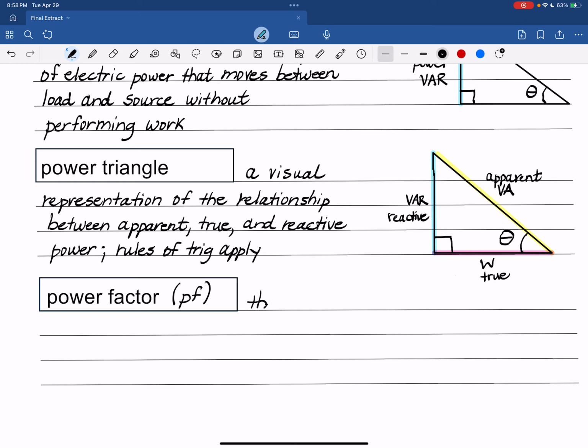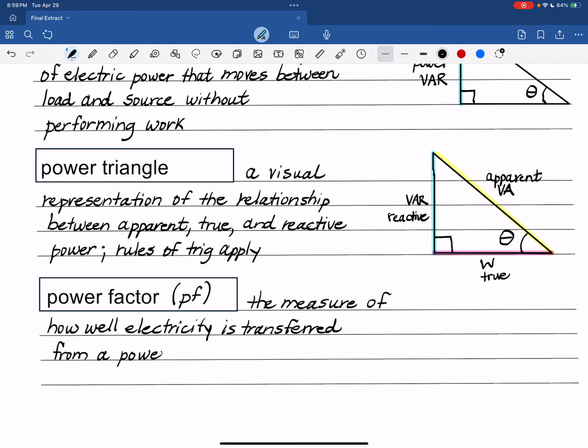Power factor is the measure of how well electricity is transferred from a power source to a load.